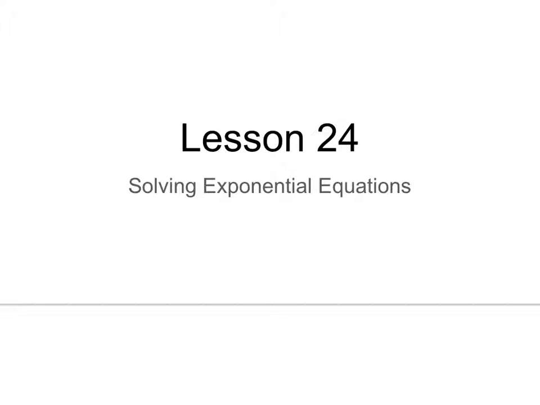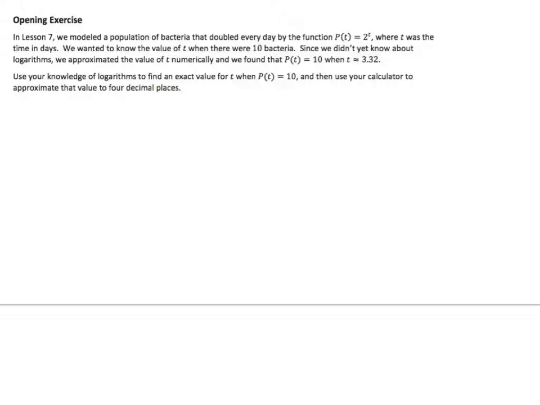It's been 20-many lessons to get to this point, but I feel that we've done really well at building some groundwork to getting here. In lesson 7, a long time ago, we modeled a population of bacteria that doubled every day by the function p of t equals 2 to the t, where t was the time in days. We wanted to know the value of t when there were 10 bacteria.